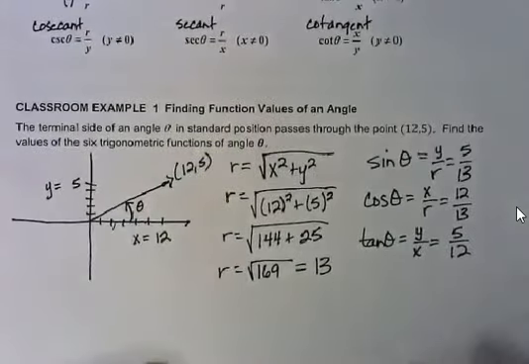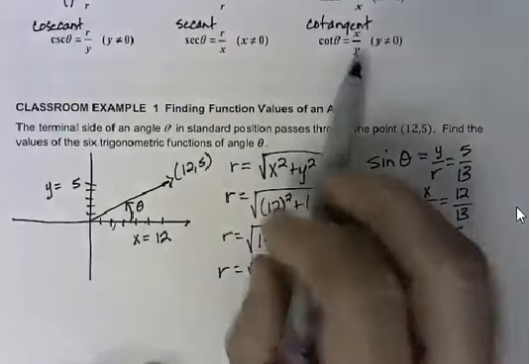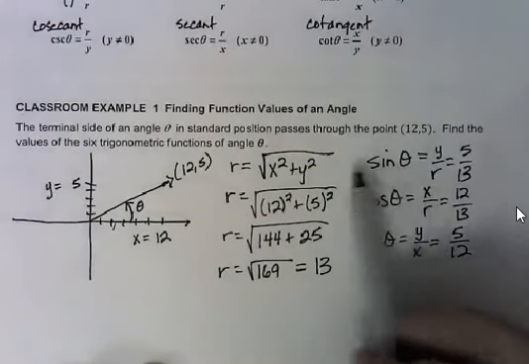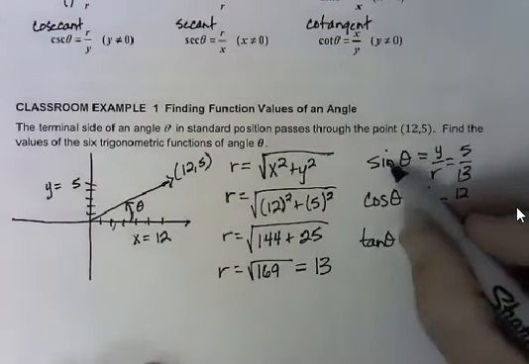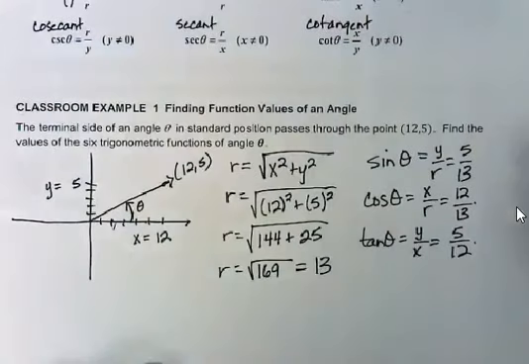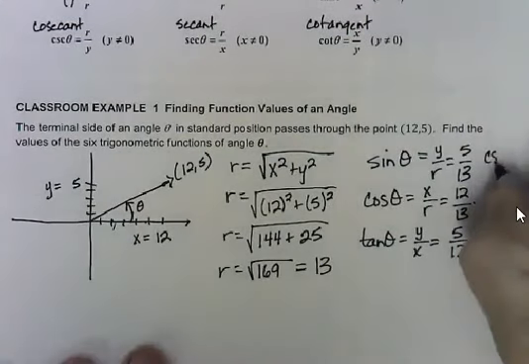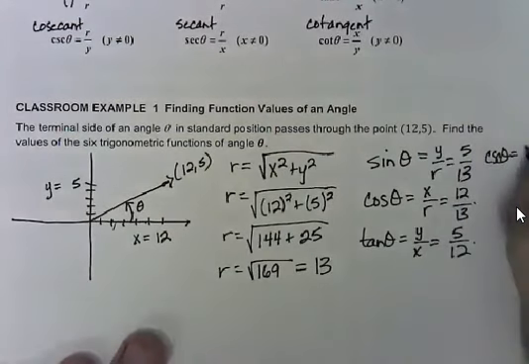Then if I want to find the values of the other 3 functions, I can either use the definitions up here, or if I can remember which one goes with which, I can just take each one of these values and flip it over. So for this one, sine goes with cosecant. So for cosecant of theta, I could just flip this over.